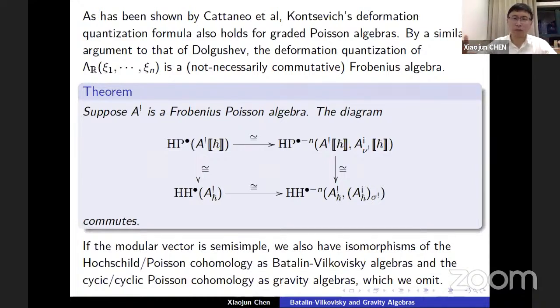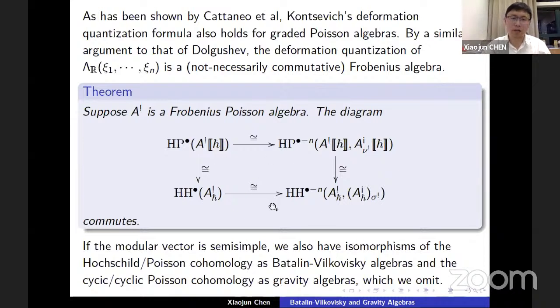Its deformation quantization is not necessarily commutative, so it's just a Frobenius algebra. And then we have the following theorem. Suppose H is a Frobenius Poisson algebra, then the following diagram commutes.